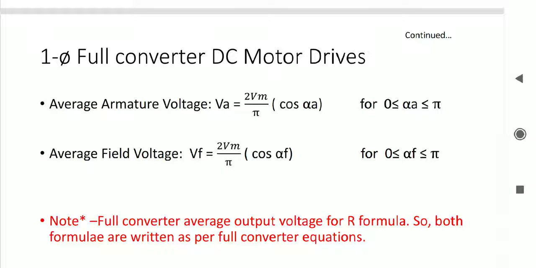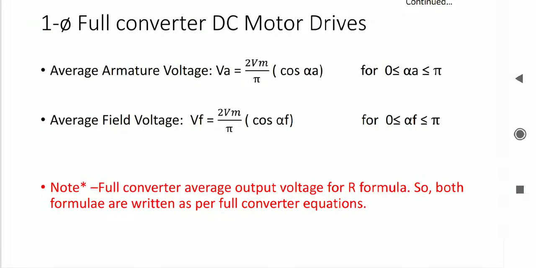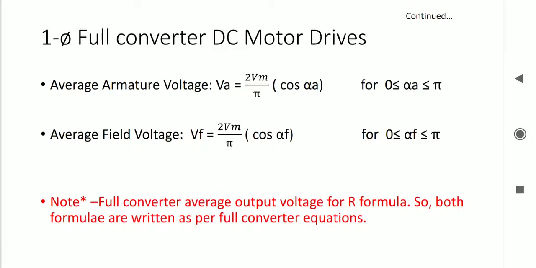Note the full converter average output voltage formula is the same as twice Vm by pi cos of alpha. You only have to replace alpha by alpha A and alpha F respectively for the 2 converters.